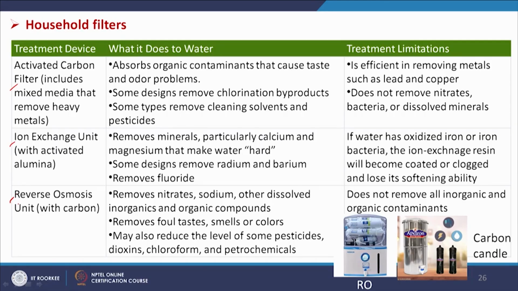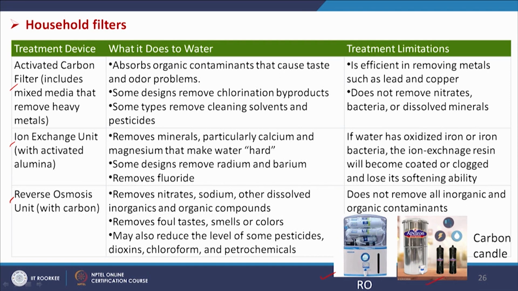Apart from that, for point of use applications, that is applications in each and every household, we can use some small filter units. Those are basically activated carbon filters, ion exchange units or reverse osmosis units. These units are also used in individual households for the treatment of groundwater. They have different efficiencies, and as you see in this figure, there is RO and this is a carbon candle filter.